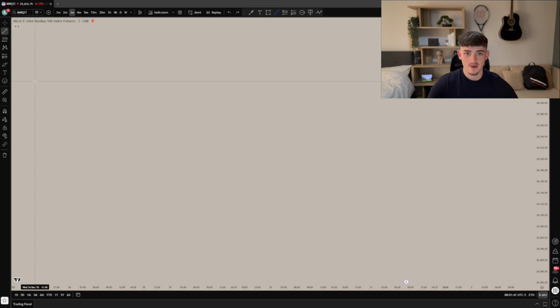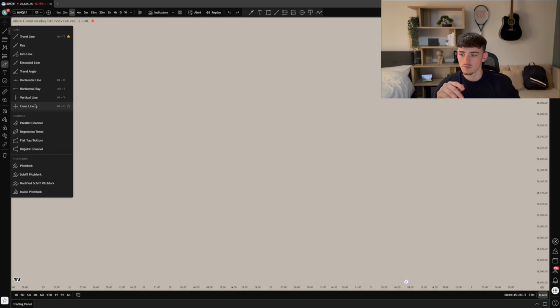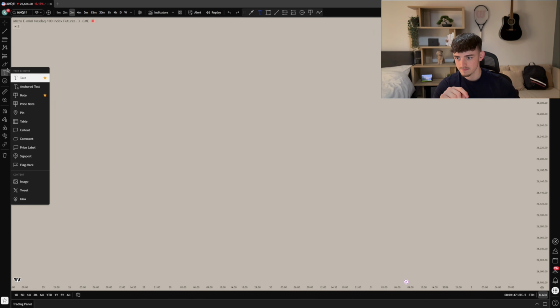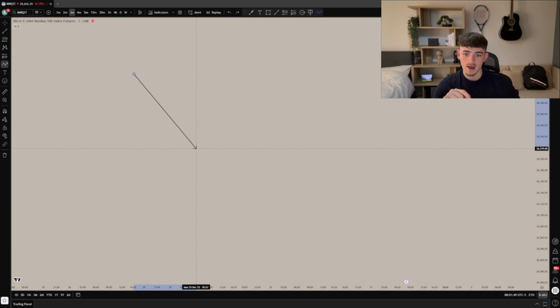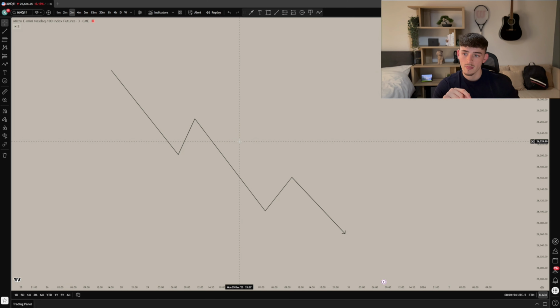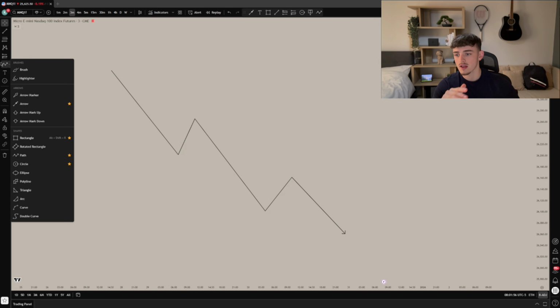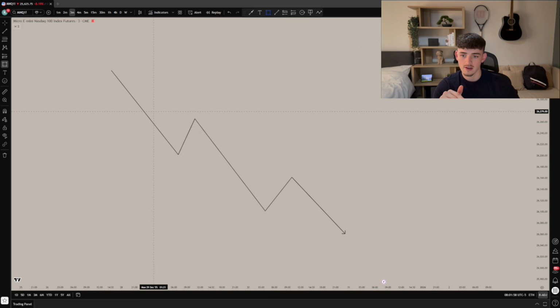Moving on to time frame importance. So if for instance, we have a bearish market on the 4 hour, you can see we come up and we tap something in here. So this could be, I don't know, a fair value gap here, okay? Let's say this is a 4 hour fair value gap.